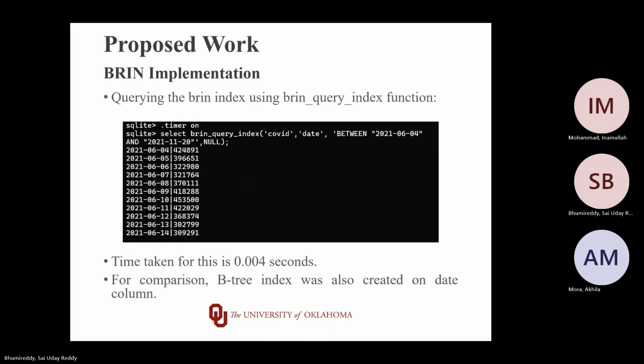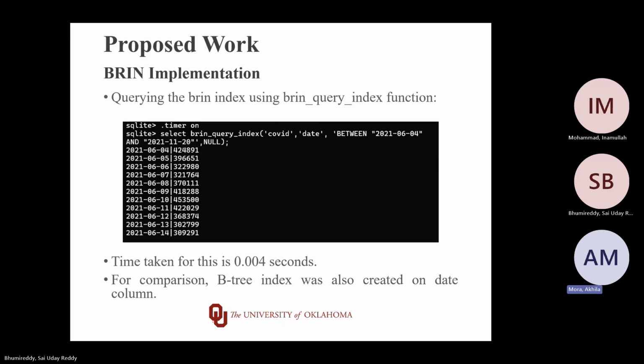And to query a BRIN index, we need to use the BRIN query index function. It takes parameters like the table, the column, and the condition to query. So this is an example, and this returns all the rows between 2021 6/4 and 2021 11/20.